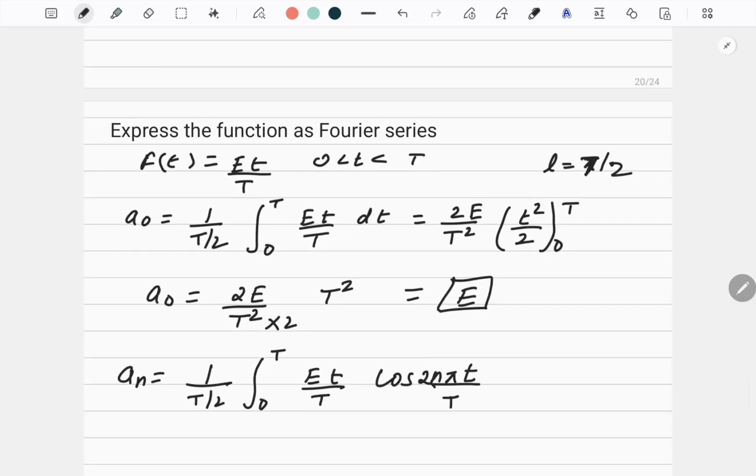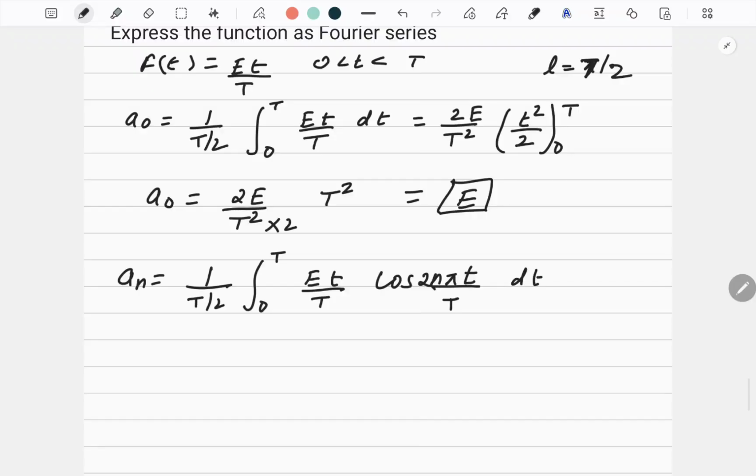Correct? So now dt. I am doing it slowly because of the confusion of this small t and capital T, so I don't want to make a mistake. So I am doing this question very slowly. Now let us take out whatever is a constant. So small e I can take out, and this capital T also I can take out.